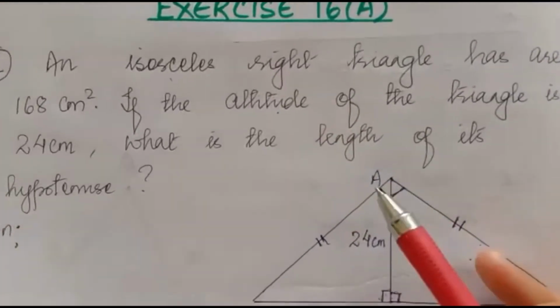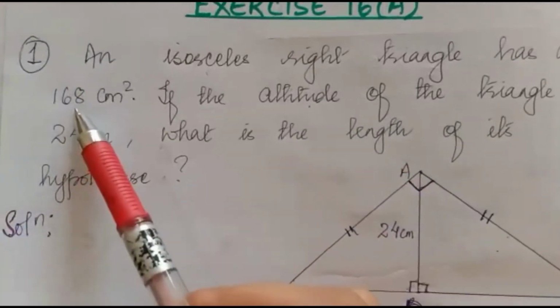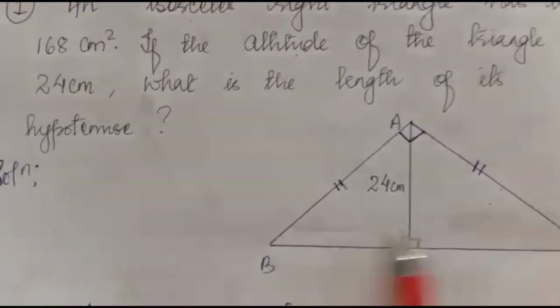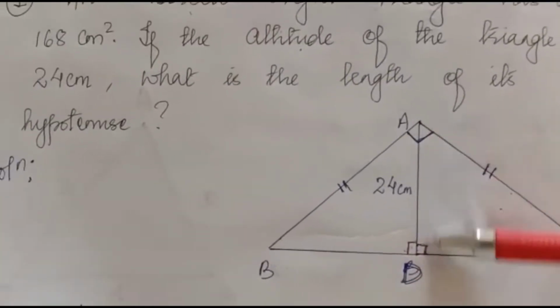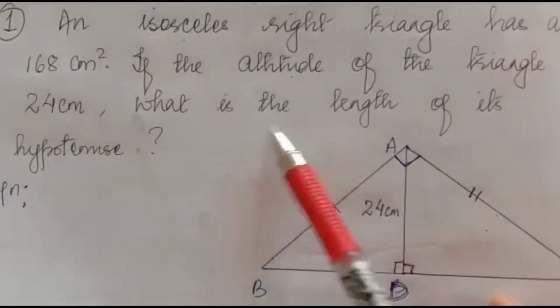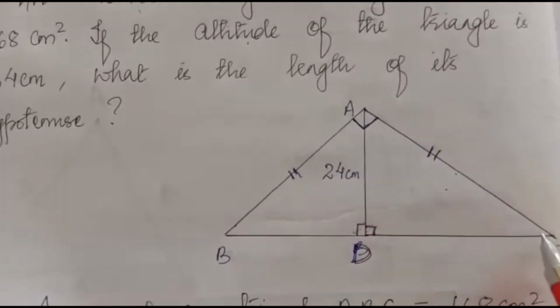Here also it will be a right angle isosceles triangle whose area is given as 168, and altitude, meaning height, is 24 centimeters. You have to find the length of its hypotenuse.